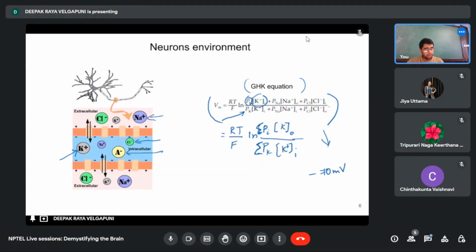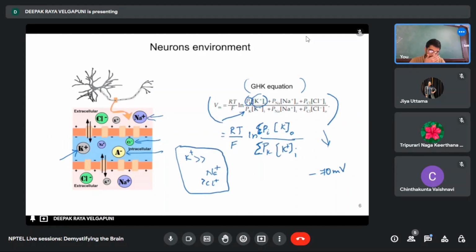What happens is, we know that the K plus ion concentration is higher inside, and at the resting state, the permeability of K plus is far higher compared to Na plus or Cl minus.